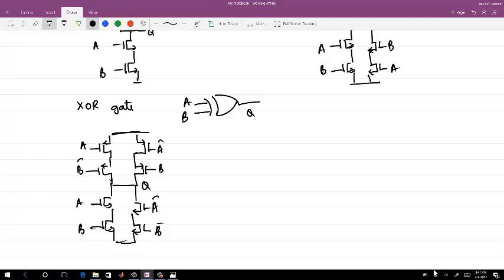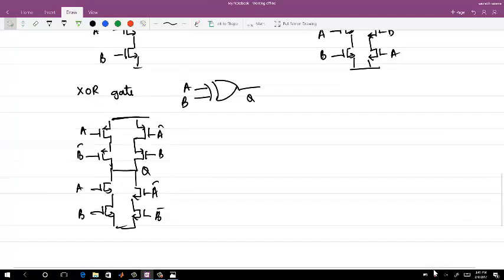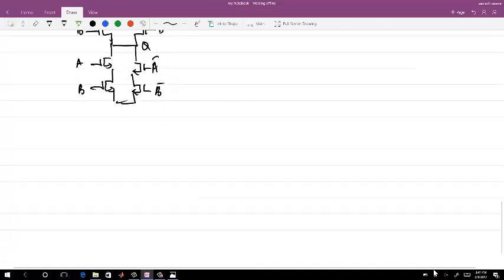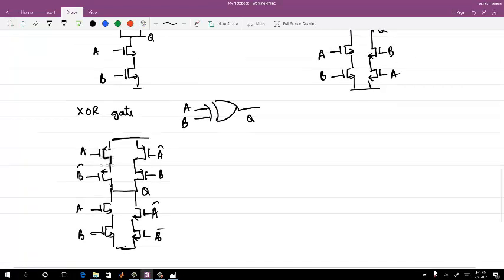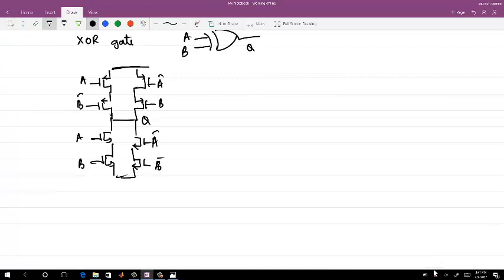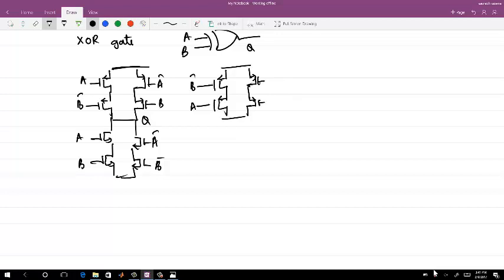So what you do is nothing much, just make a copy of this. If you want something to be fully symmetric, you do this also: B bar A. This may not matter to you when you are doing a low frequency design, but it matters a lot when you are doing high frequency stuff.